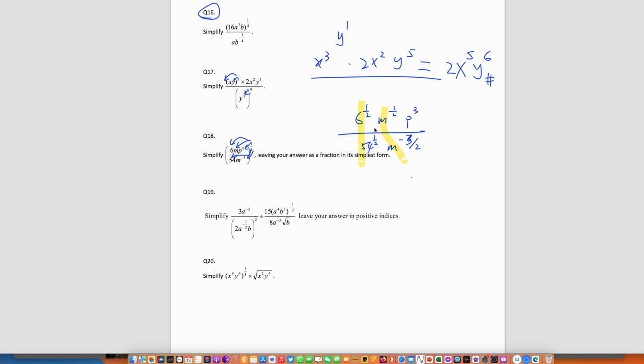Yeah, so it's 1/3. So this number you end up with 1/3, right? So m half minus 3/2, so this will give you 4/2. So it's m2. And this is p3. Yep, that's it. Don't do the 1/ first, if you can combine first.